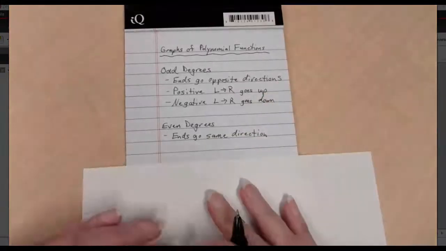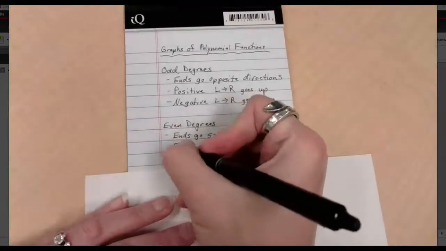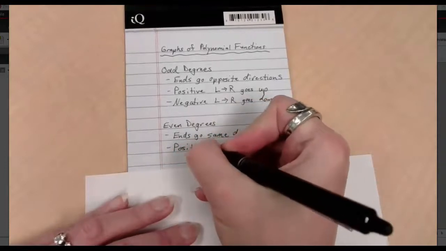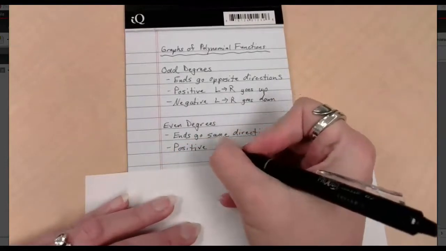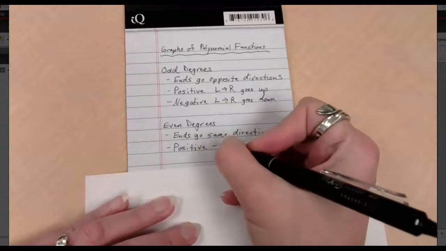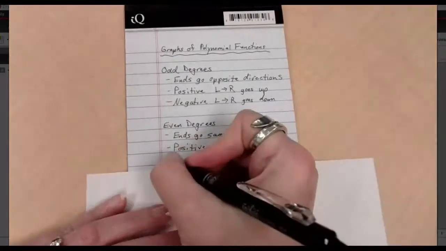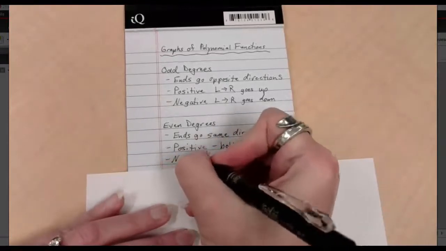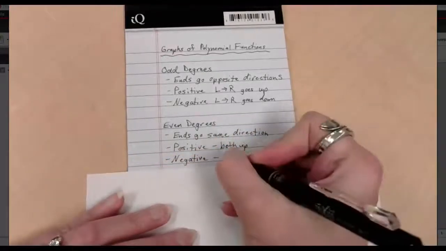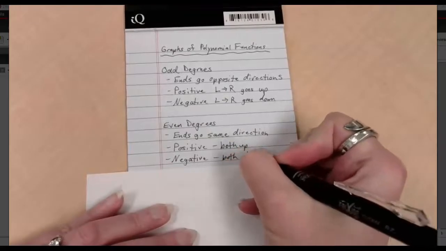Okay, and then for the even stuff, if we are talking positive, then both ends go up. Both up. And if we are talking negative, then we are saying that both ends are going down.